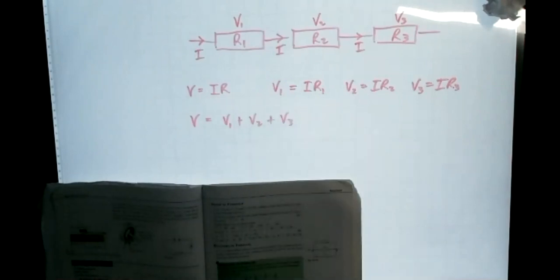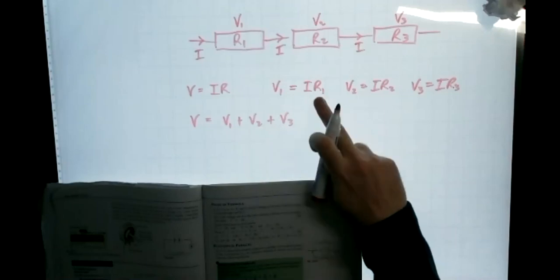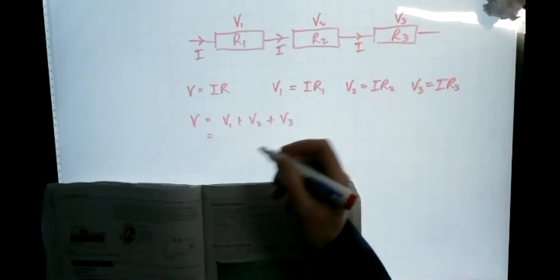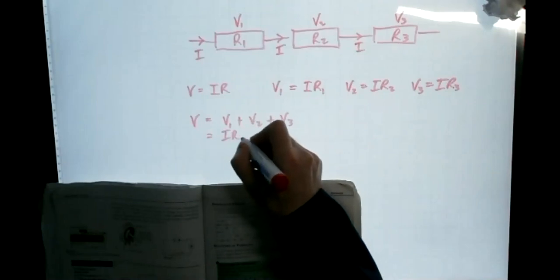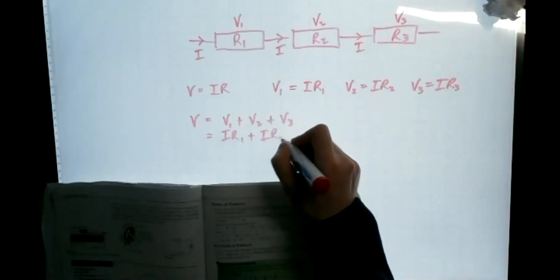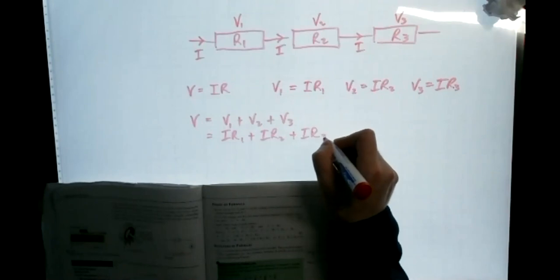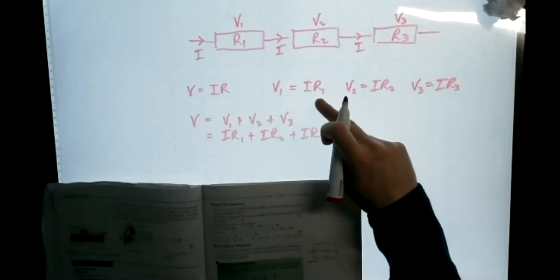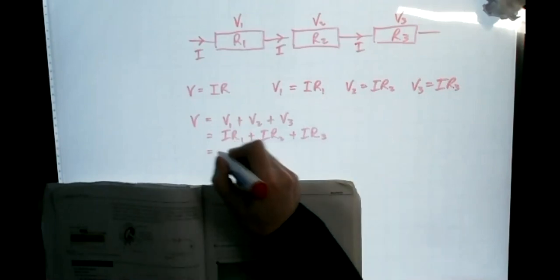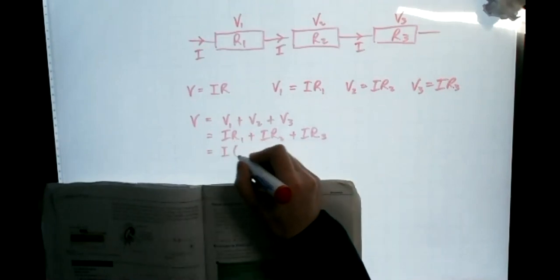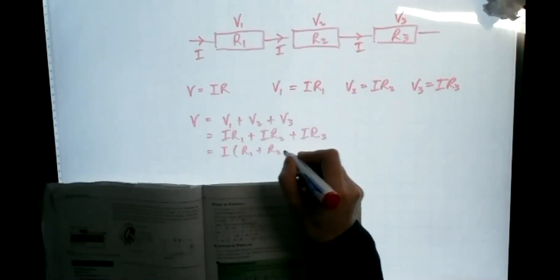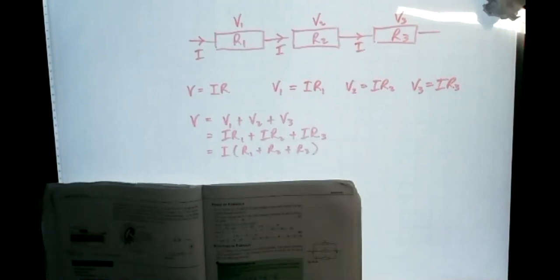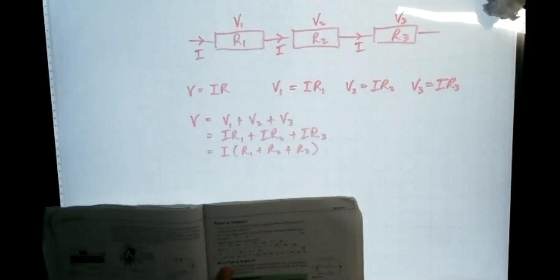When we add V1, V2 and V3, we substitute IR1 plus IR2 plus IR3. So the net voltage is the sum, and since the current is common, R equals R1 plus R2 plus R3.